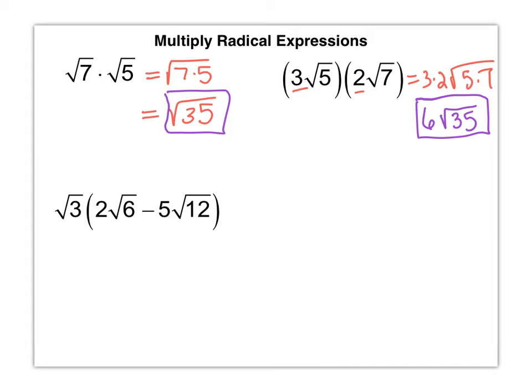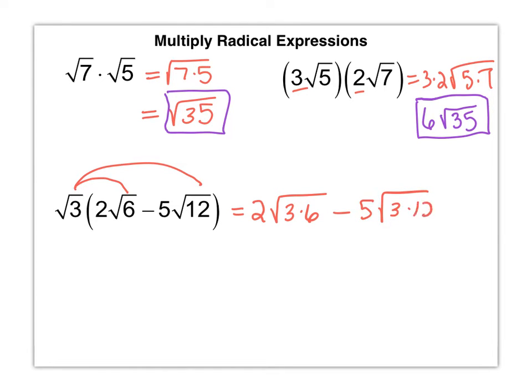Let's do the example on the bottom by using the distributive property. We're going to be multiplying the square root of 3 times each term that's in the parentheses. To begin, we have the square root of 3 times 2 square root of 6, which we could write as 2 times the square root of 3 times 6, minus square root of 3 times 5 times the square root of 12, so we can write this as minus 5 times the square root of 3 times 12.